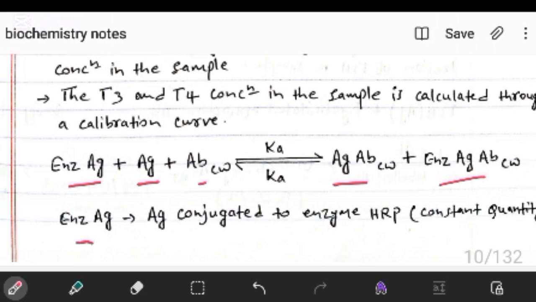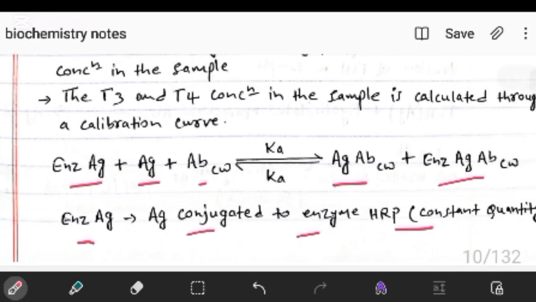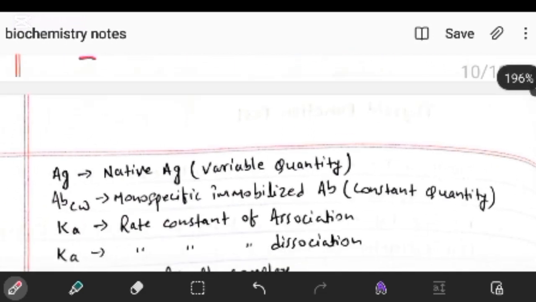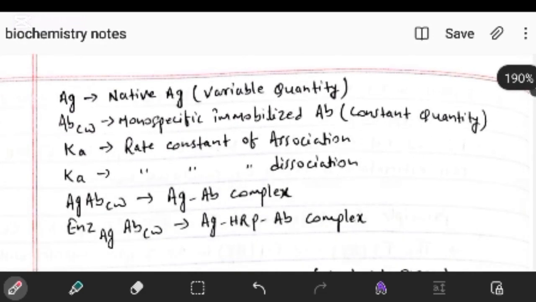Now the enzymatic antigen is conjugated to enzyme HRP, constant quantity. Here antigen is native antigen. ABCW is monospecific immobilized antibody.